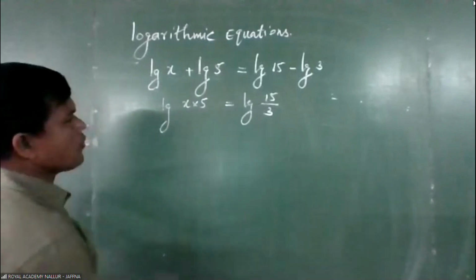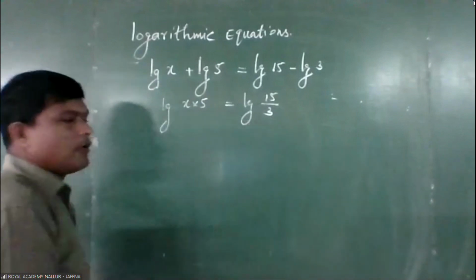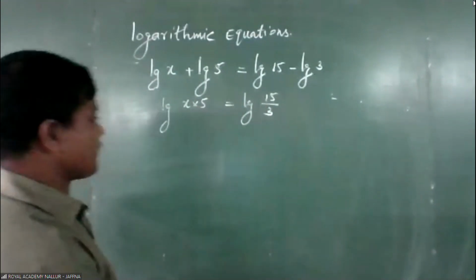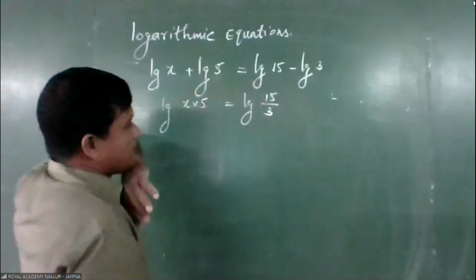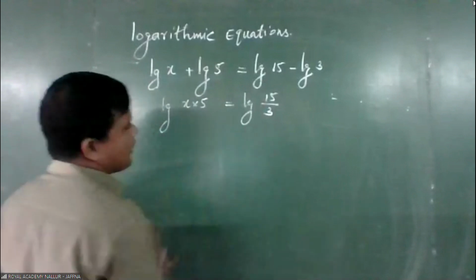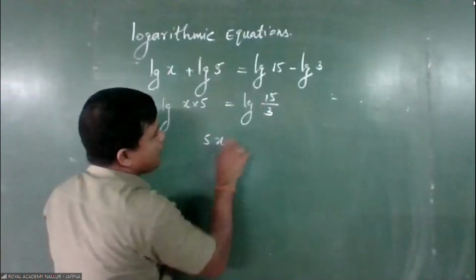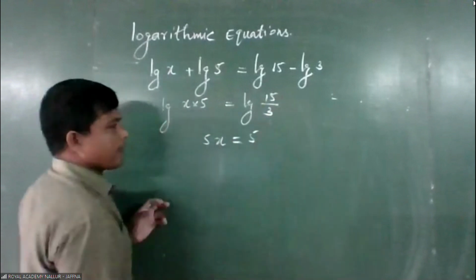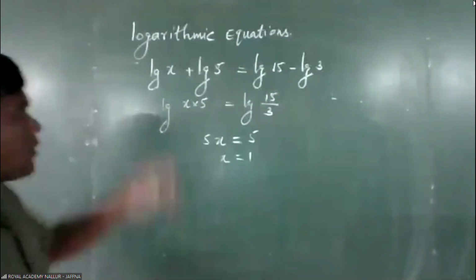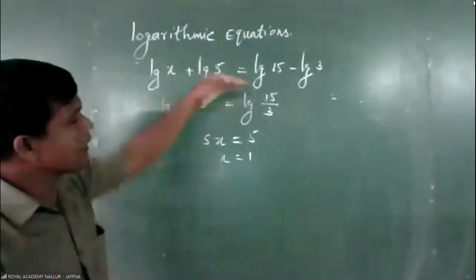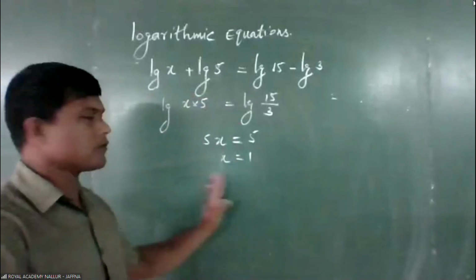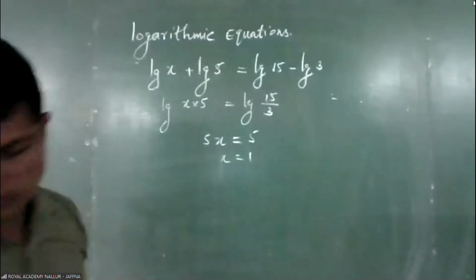That means if you take the anti-logarithm on both sides, because in an equation we do the same actions on both sides, the anti-logarithm of the logarithm will be cancelled. That means removal of logarithms happens. So simply 5x is equal to 15 by 3, which is 5. So 5x is equal to 5. Therefore, x is equal to 1. From the logarithmic form of the equation, you can bring it to numerical form. Then from the numerical equation, the solution will be very clear.